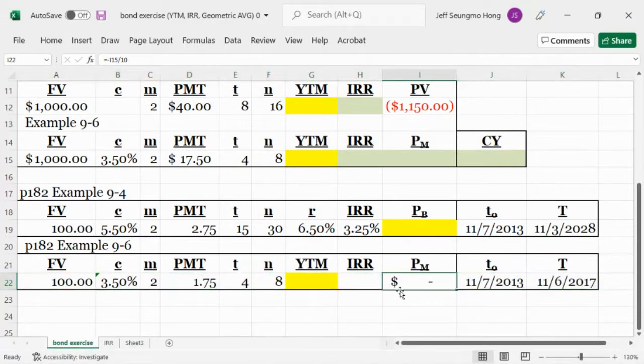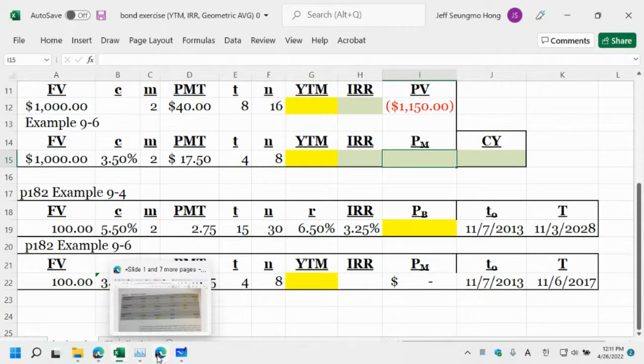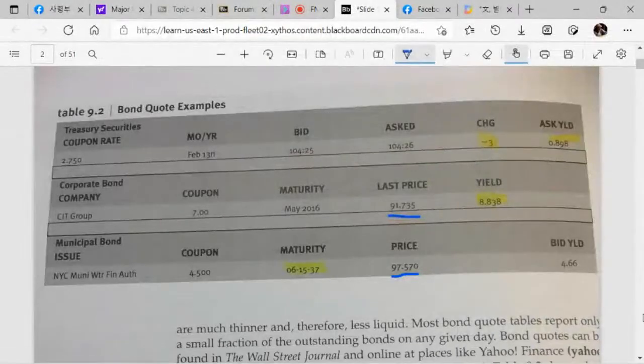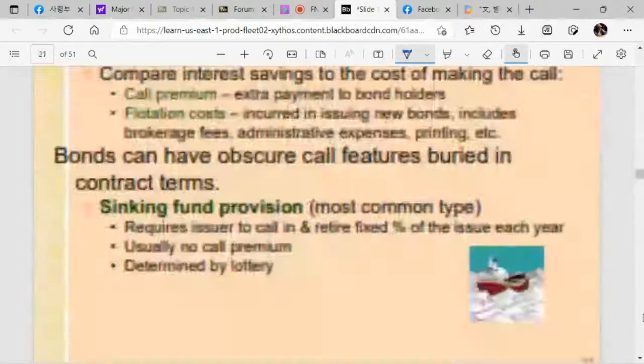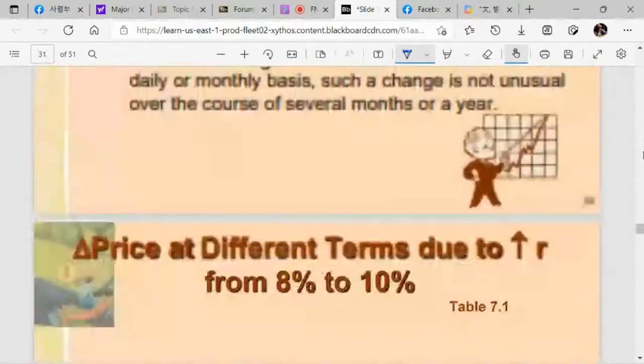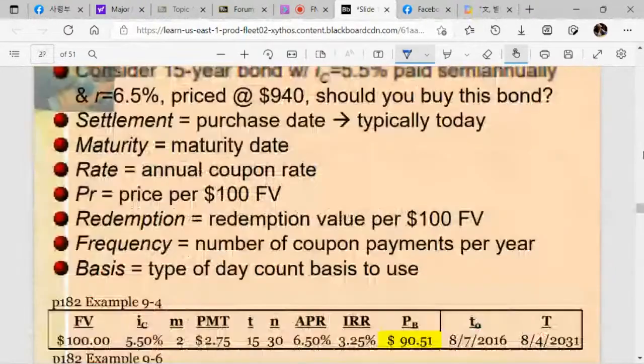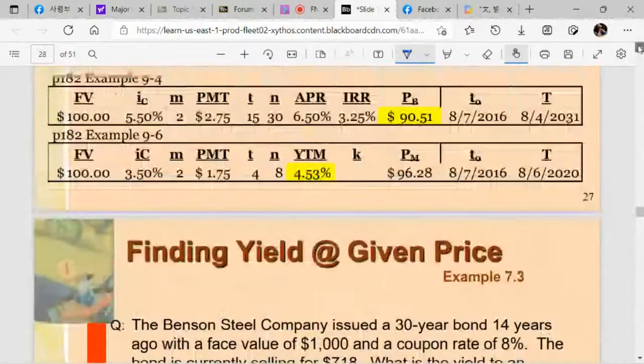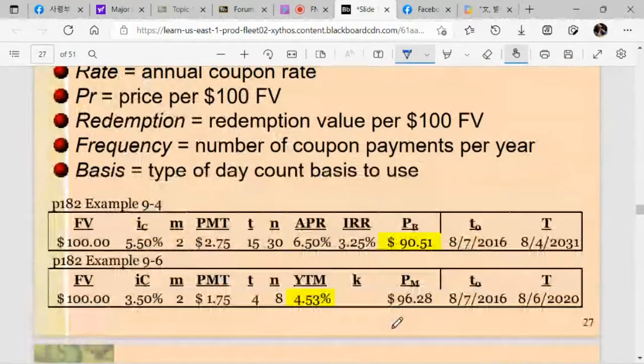So in the example, the price was the market price, right? Market price is given. Let me go back. So this is 96.28%.